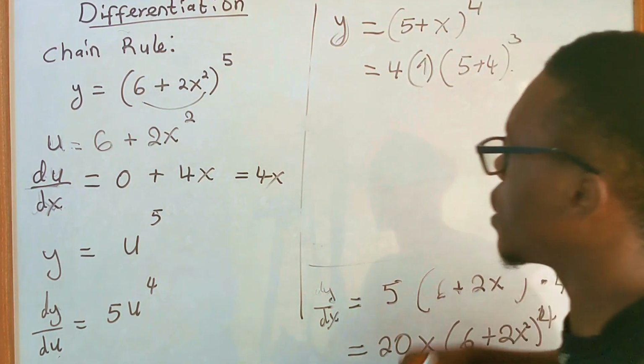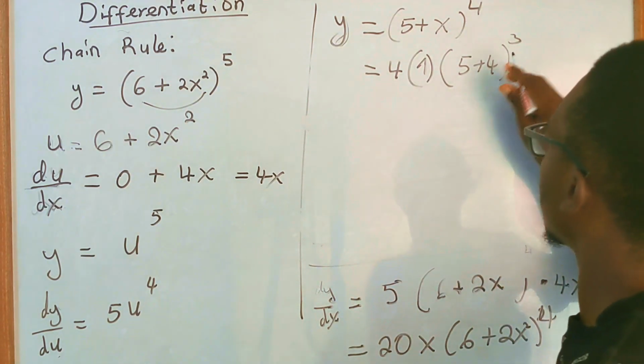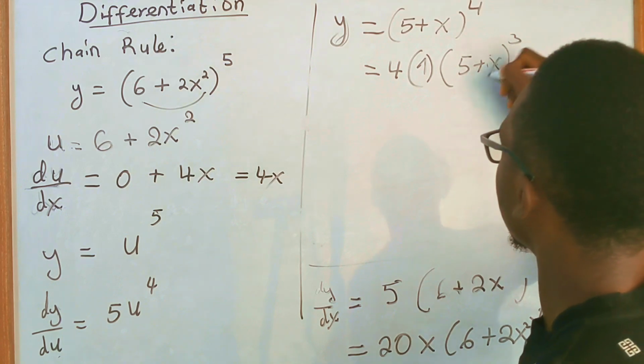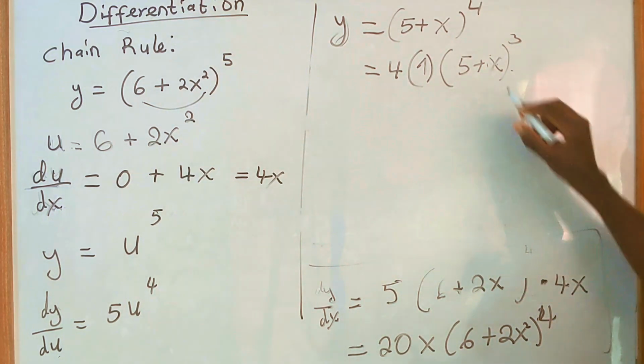If you use the chain rule, you are still going to have the same answer, 4 times (5 plus x) cubed.